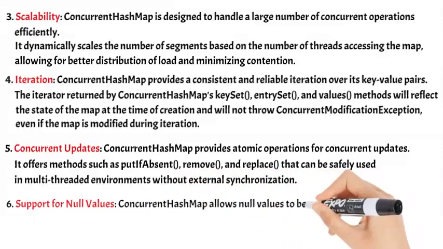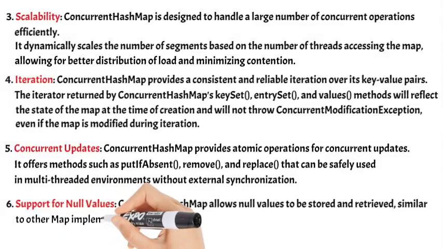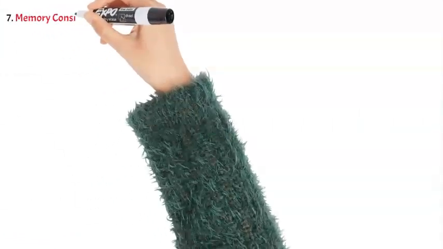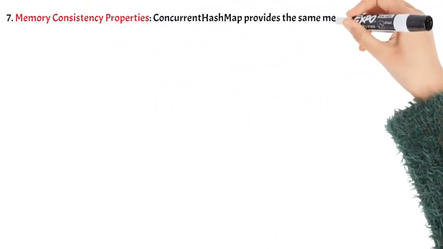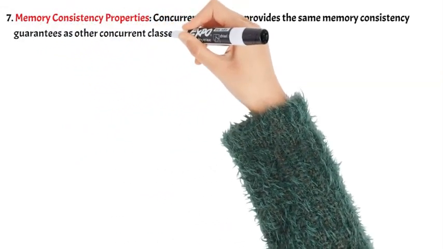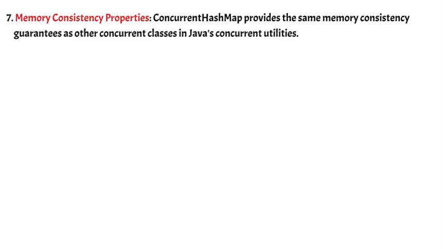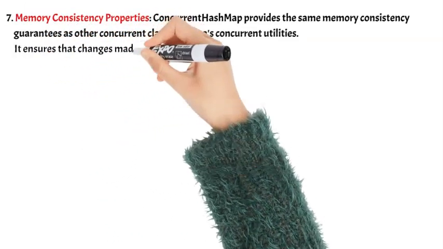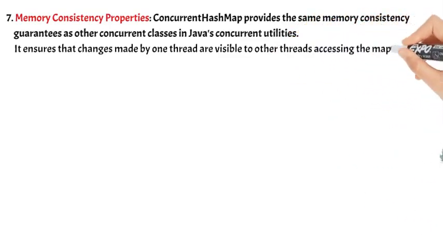ConcurrentHashMap allows null values to be stored and retrieved, similar to other map implementations. 7. Memory consistency properties. ConcurrentHashMap provides the same memory consistency guarantees as other concurrent classes in Java's concurrent utilities. It ensures that changes made by one thread are visible to other threads accessing the map.